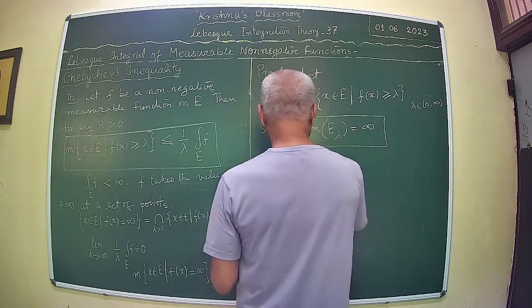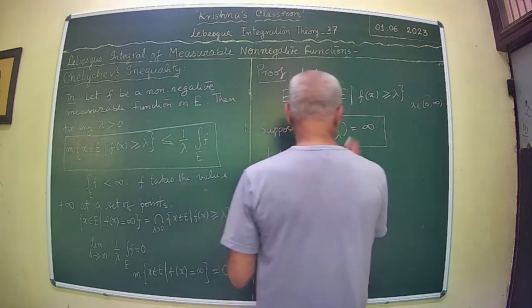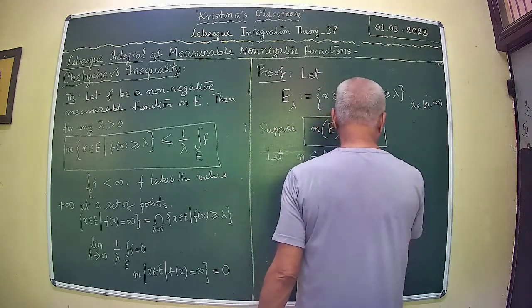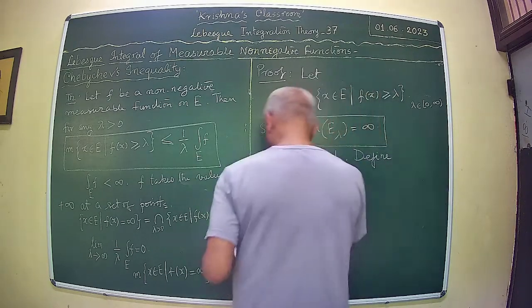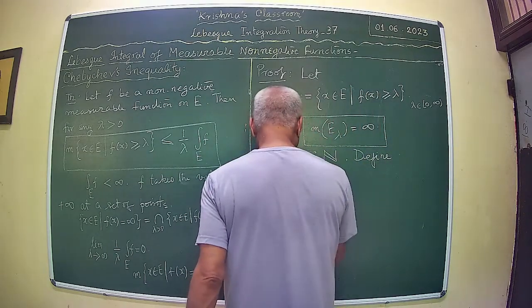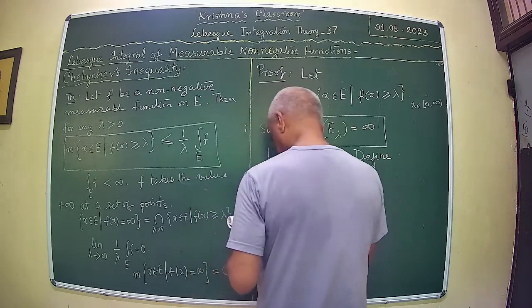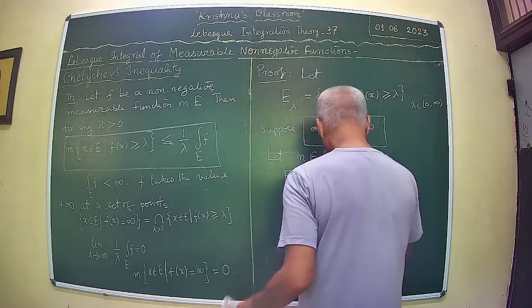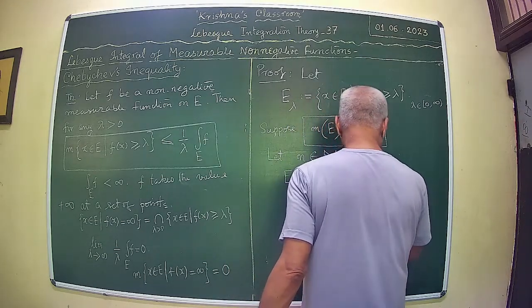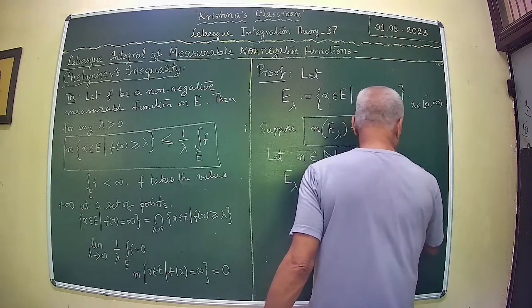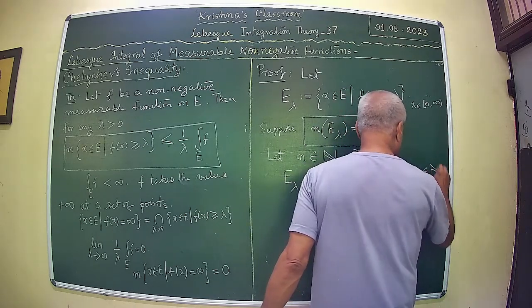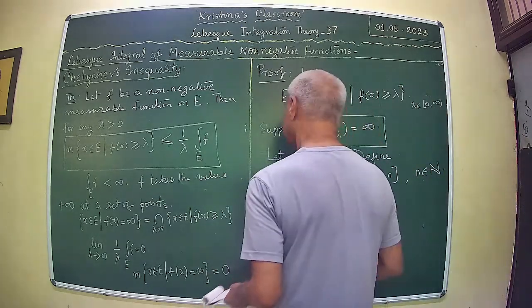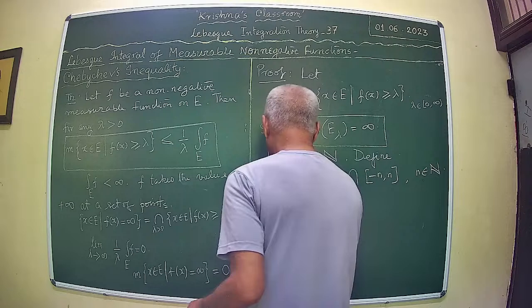Now define E lambda n, the intersection of E lambda with the interval from minus n to n. For each n belonging to N, this is a bounded set.